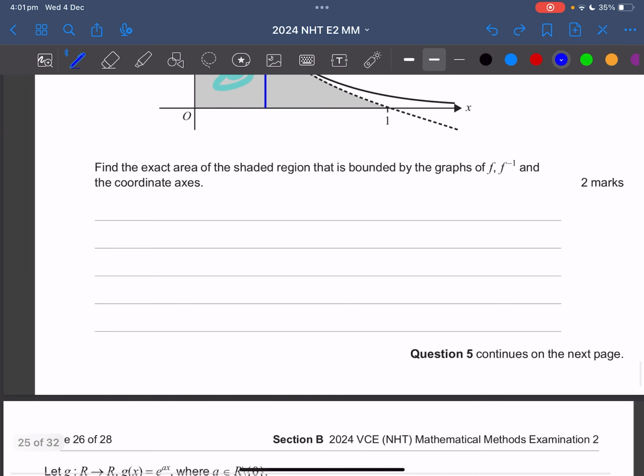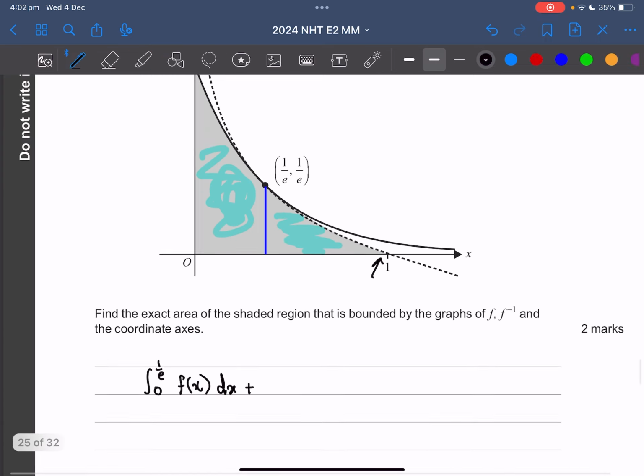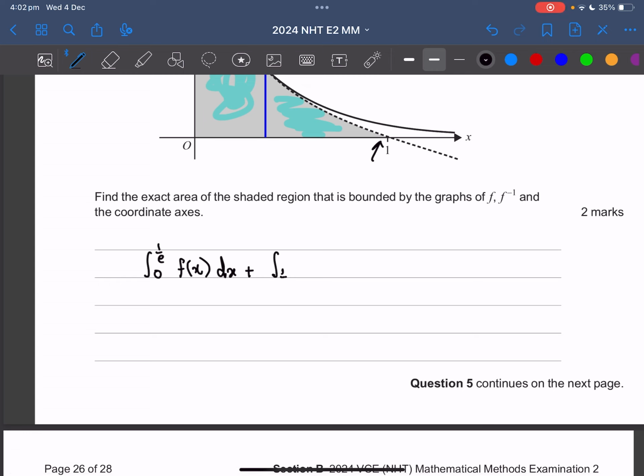So our first bit of the integral would be from 0 to 1 on e of f of x dx, plus, now if we look at this area over here, that is below f inverse, right? So we have to say from 1 on e to 1 of f inverse of x dx, and this together will give us the area that we want.